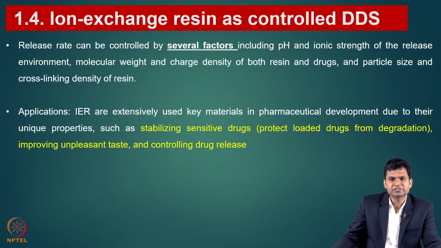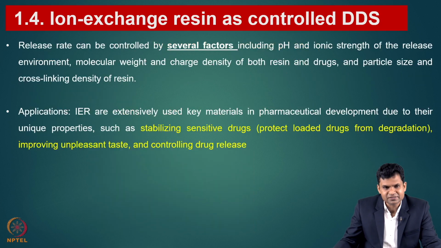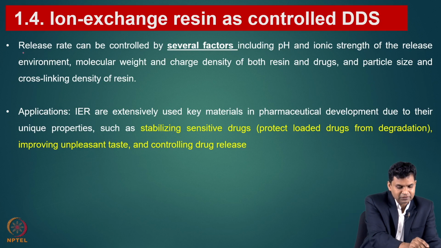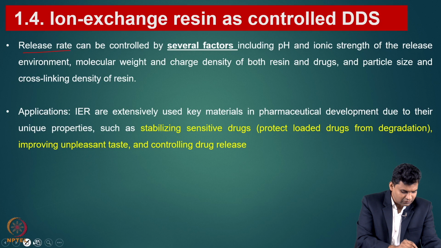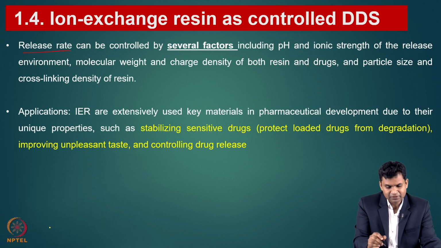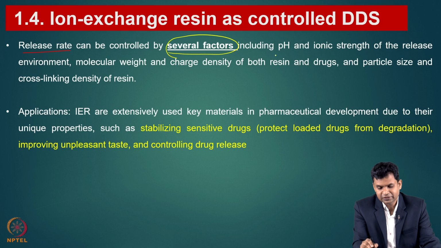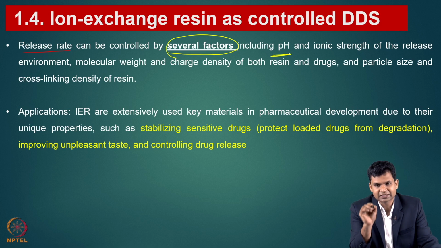Now, we will see some other important factors which control the release rate of your drug. Yes, your release rate will depend on various factors, including the pH at the target site.